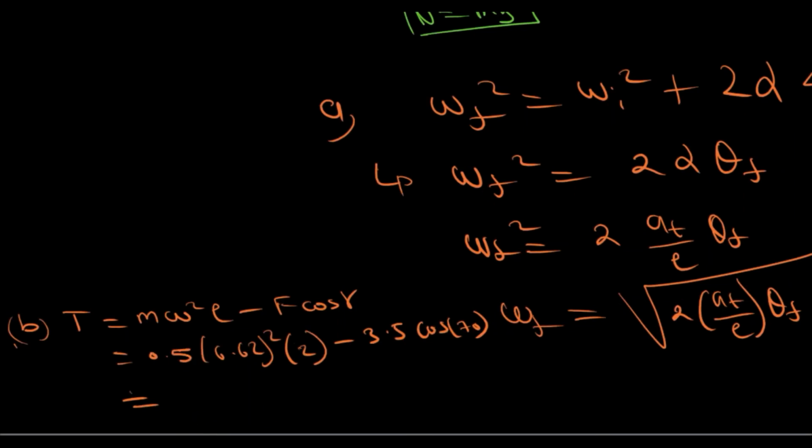So that reduces to 0.5 multiplied by 6.62 squared multiplied by 2 minus 3.5 multiplied by cos 70. Right, that should give us 42.6.